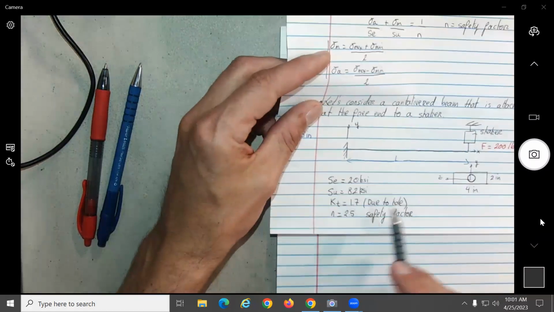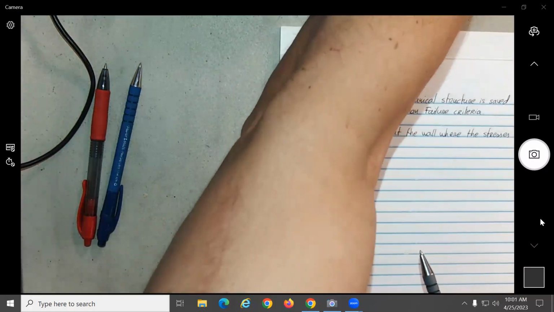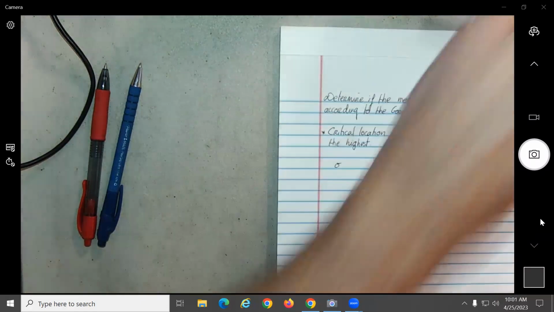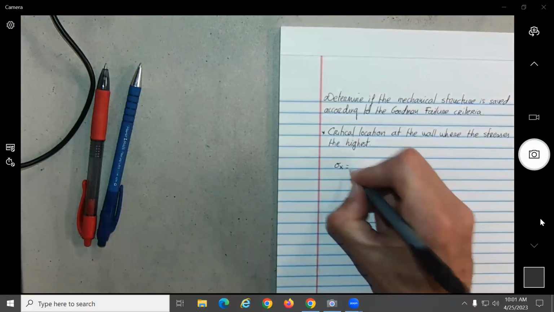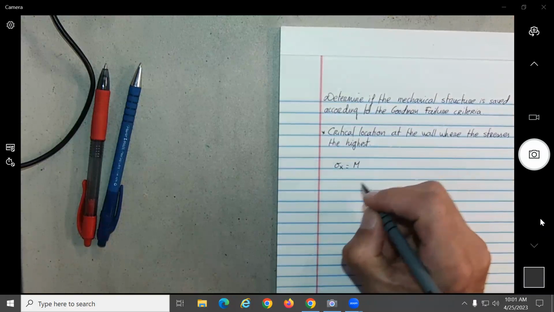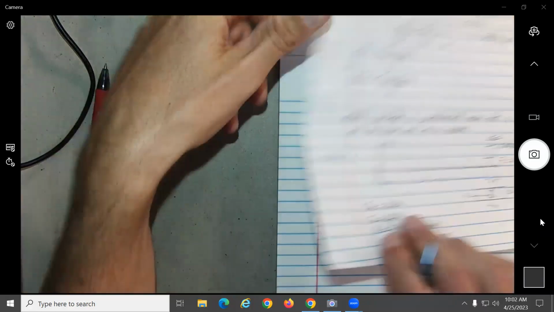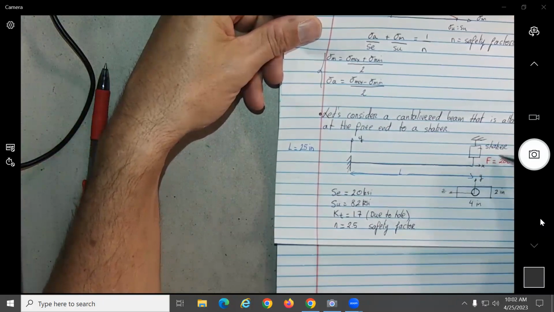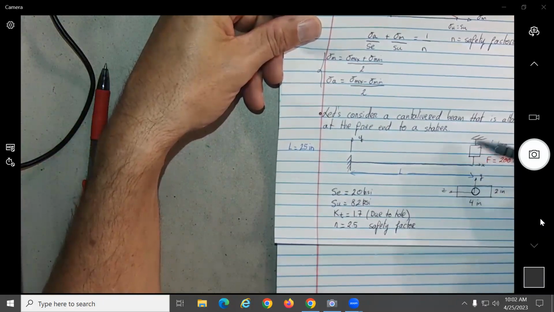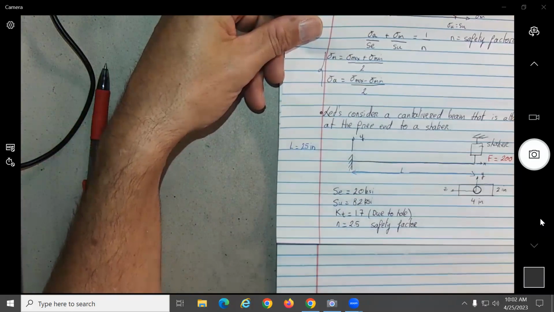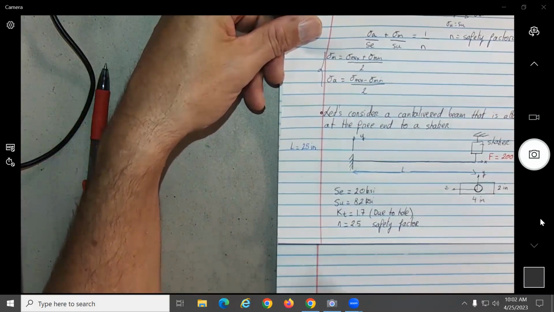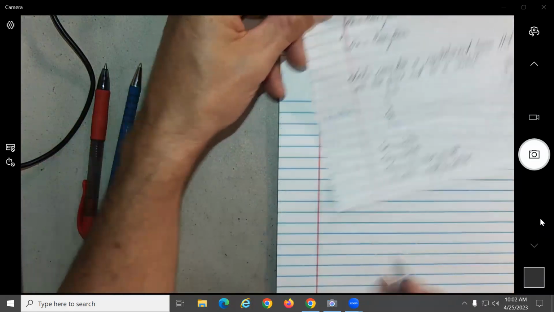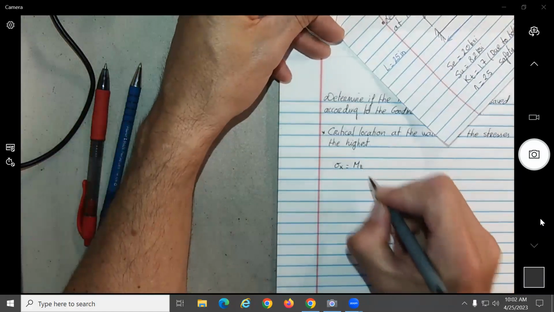The stresses we need to calculate will be in what direction? The normal stresses should be on the x. And M should be the moment about which axis? Due to this force moving up and down, this will be rotated about the z axis. So the equation will be Mz.